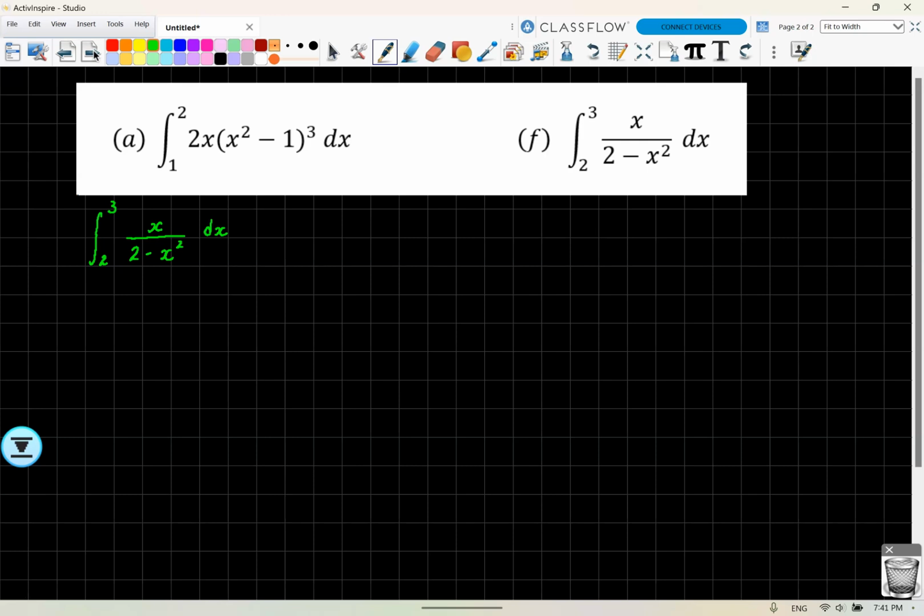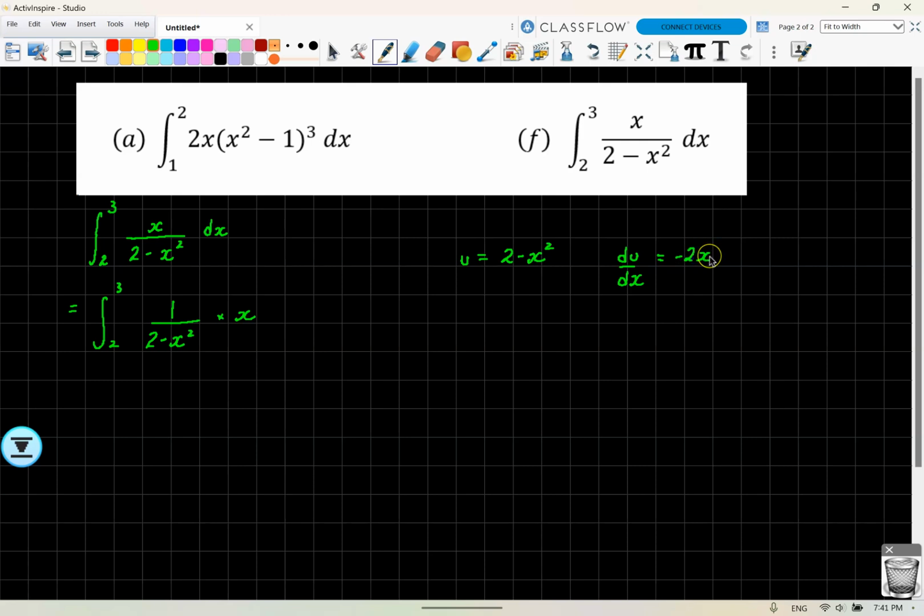When we look at this, again, concentrate on the function itself. Don't worry about the definite integral at the moment, and like we used to do right at the beginning, separate to see your two functions. We can see pretty clearly here that if we let u be 2 minus x squared, then du by dx is going to be minus 2x.